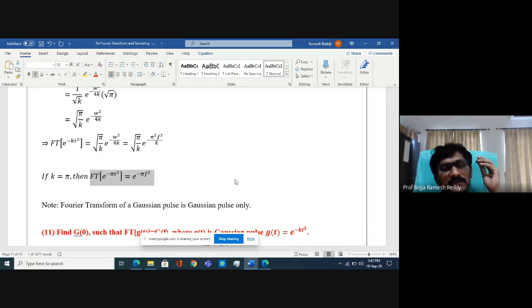Only one case is special. In that case, frequency domain and time domain are the same. That is possible only for one special signal, called the Gaussian pulse. For Gaussian pulse only, time domain and frequency domain are the same.